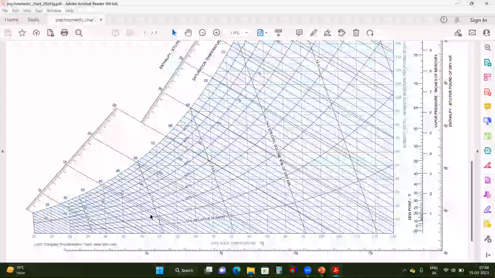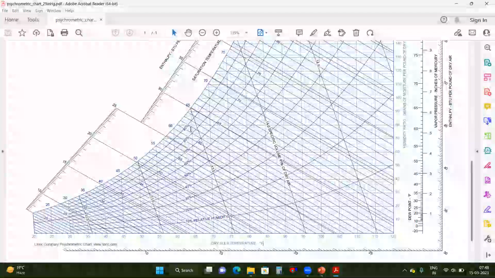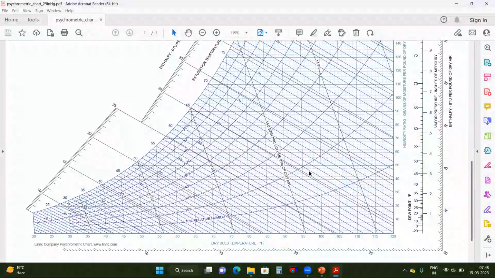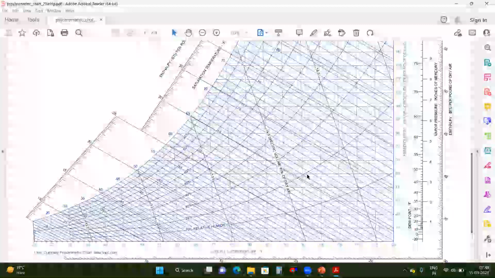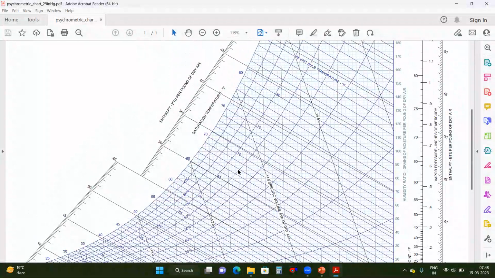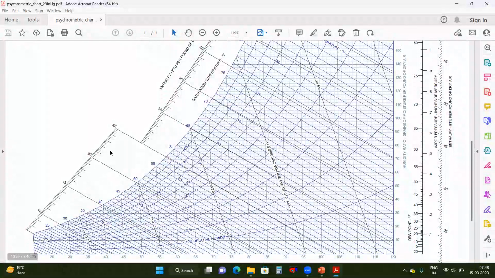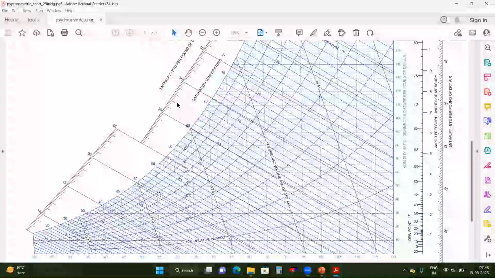Next is relative humidity. This is a curved line, you can see. This is relative humidity: 30, 40, 50, 60 till the 100. Okay. And the enthalpy lines are this one, 13, 13.5. No, this is the enthalpy lines. This is the outer scale, the black side, black we are seeing, right?